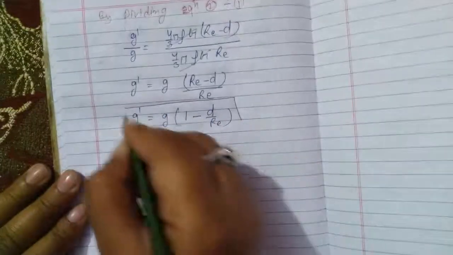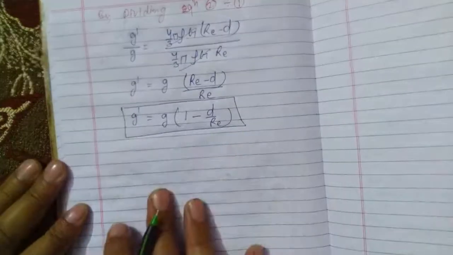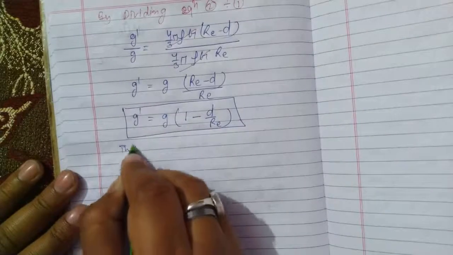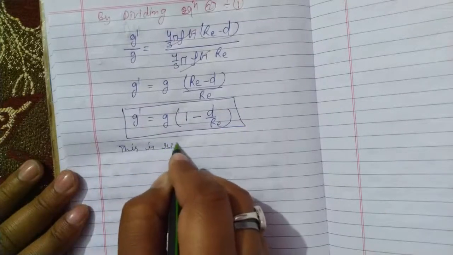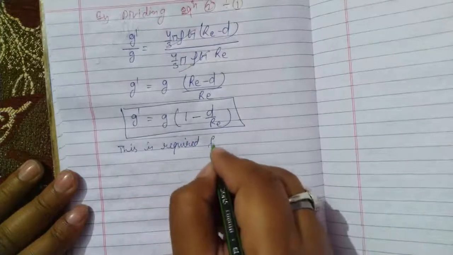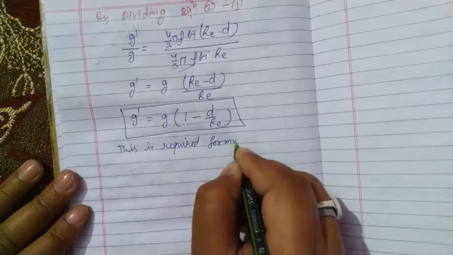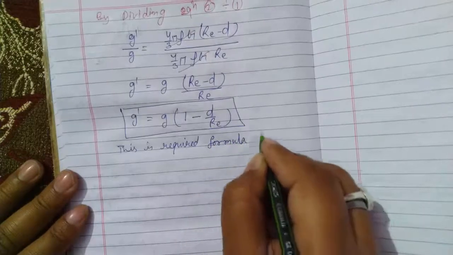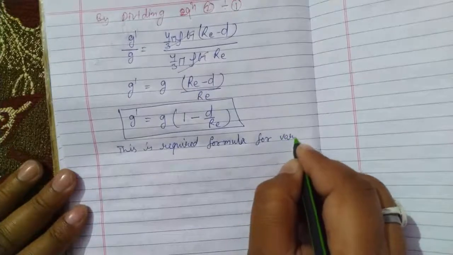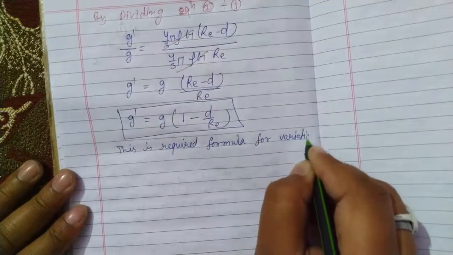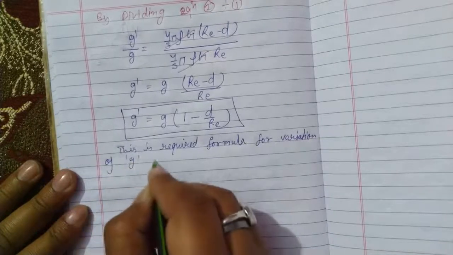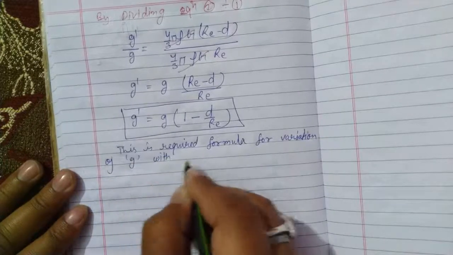This is the required result, the required formula for variation of small g with depth.